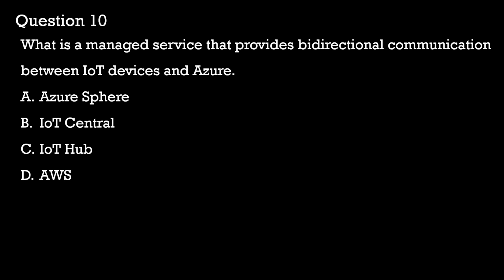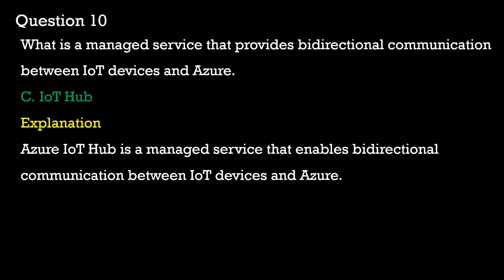AWS, which is Amazon Web Services, is a competitor to Azure, but it is not an Azure service. So based on the options we have, the managed service that provides bidirectional communication between IoT devices and Azure is the IoT Hub. So it supports device to cloud and cloud to device messaging. That is the bidirectional communication.